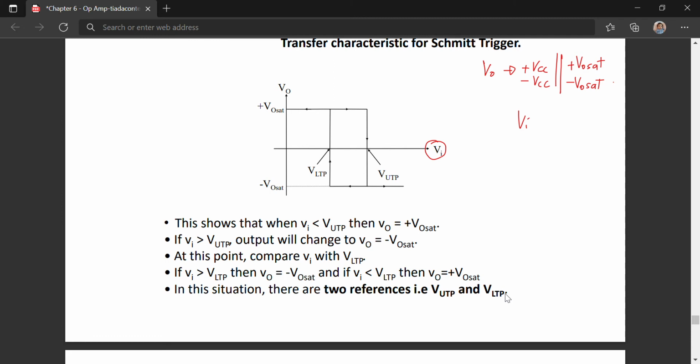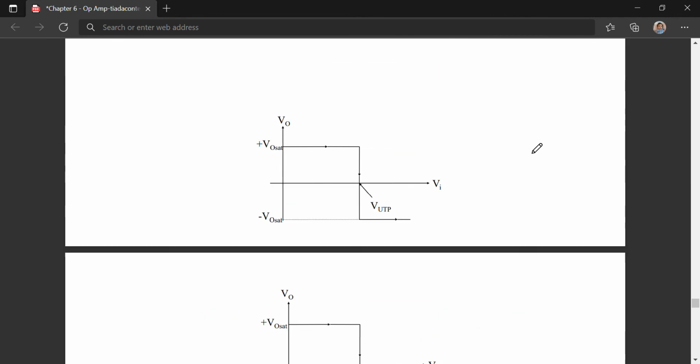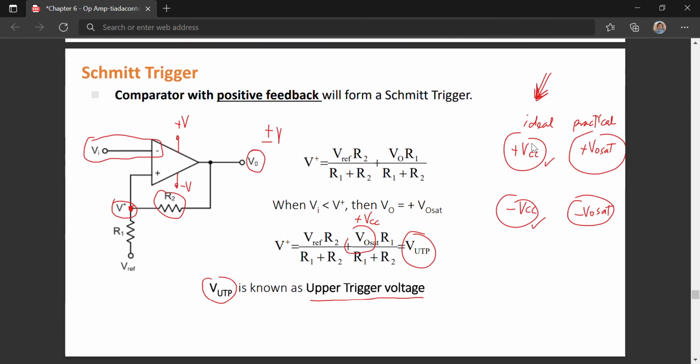Okay, VIN is connected to the negative of the input. So VREF is at the positive input. Here your VREF is no longer VREF, because VREF here is the value of voltage at this node.